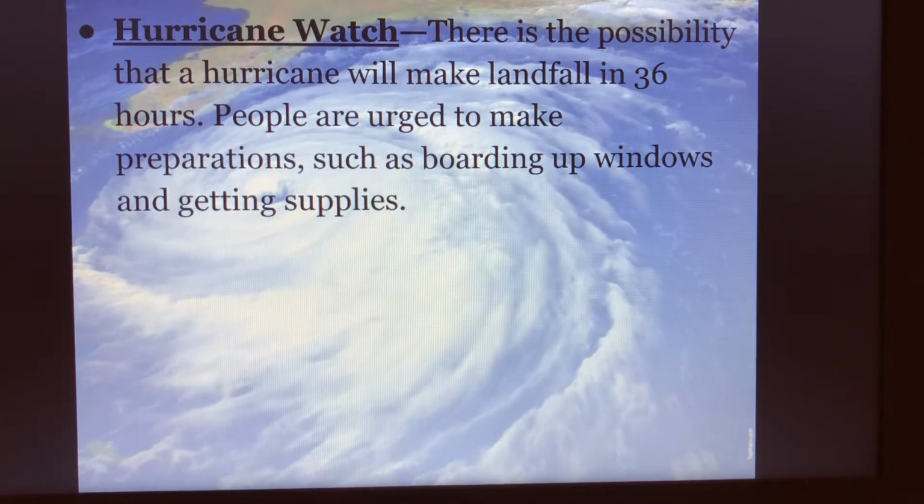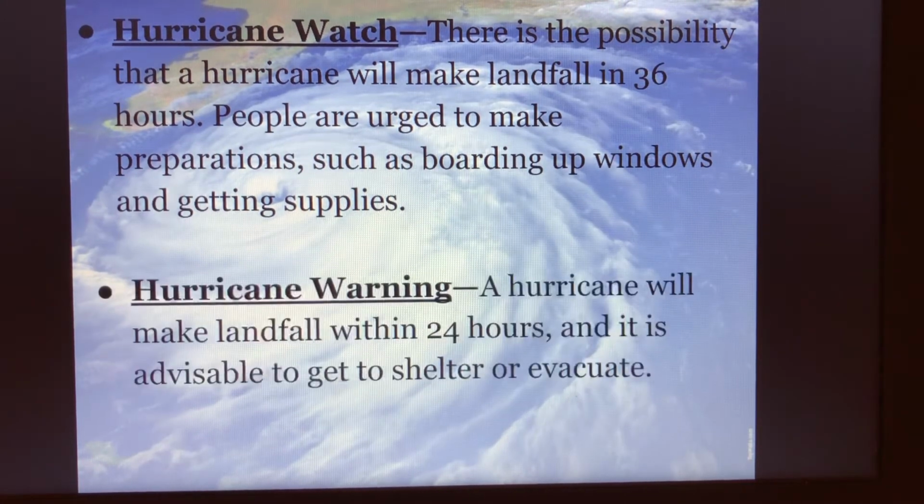So people are told to make preparations, like board up your windows, get your supplies. When there's a hurricane warning, that means the hurricane's going to make landfall within the next 24 hours. So you either need to get to shelter or evacuate, but you have time to do either of those things. It's not an instantaneous thing like a flash flood or a tornado or a blizzard.